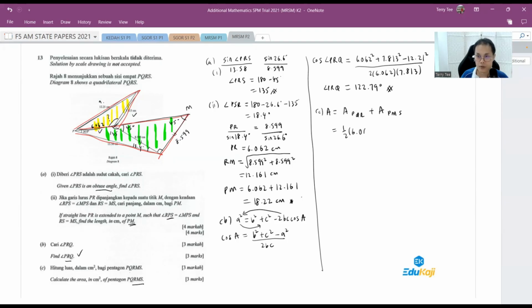All right, so for your PQR, I use half ab sine C. A is 6.062. B is 7.813. Sine of your angle in between, which is this 122.79. For the second one, I use half ab sine C as well. But your a and b, in this case, I'll use PM here and also PS.